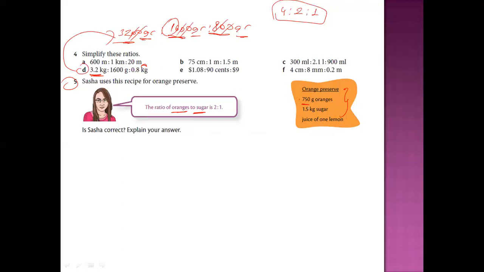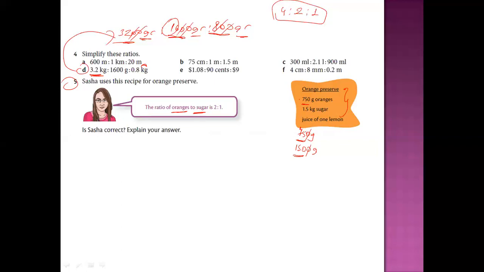First of all, we should change our units to grams. And what is the gram of 1.5 kilograms? 1,500 grams. So our units are the same. Simplifying the zeros, we have 150 and 75.